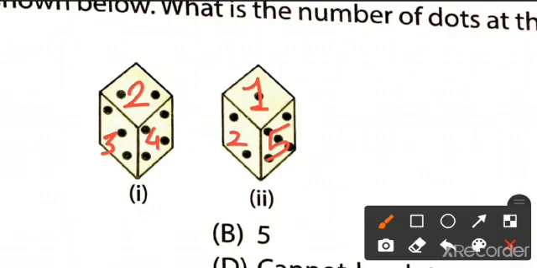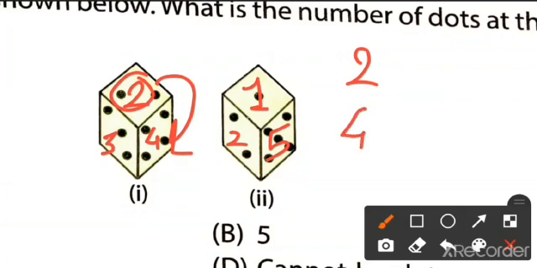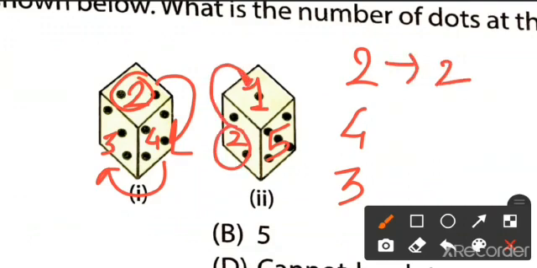Now take the common face, that is 2. Then rotate clockwise: 2, 4, then 3, like this. Now again take the common face 2 and rotate clockwise: 2, 1 and 5.